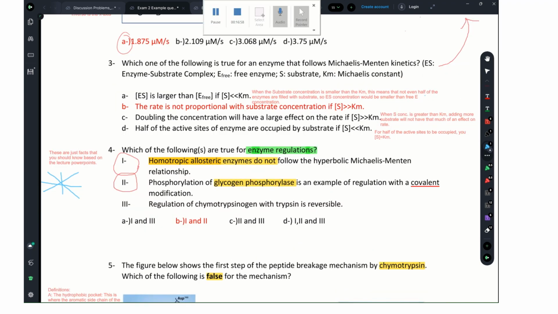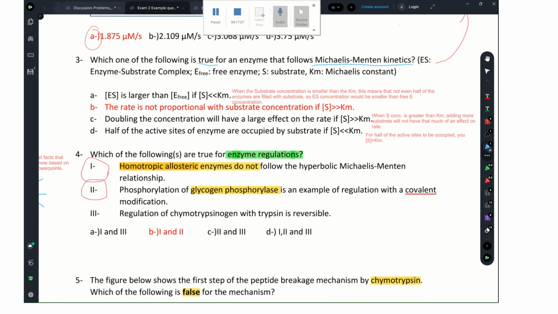So here we're talking about number 3 now. Which one of the following is true for an enzyme that follows Michaelis-Menten kinetics? Okay, so A, enzyme substrate concentration is larger than free enzyme if the substrate is smaller than the Km. So we went over this situation, it was the first one.